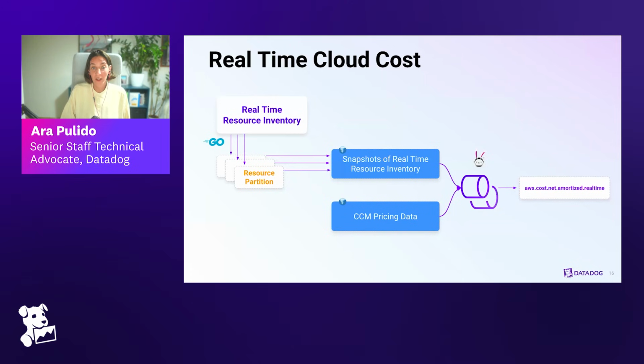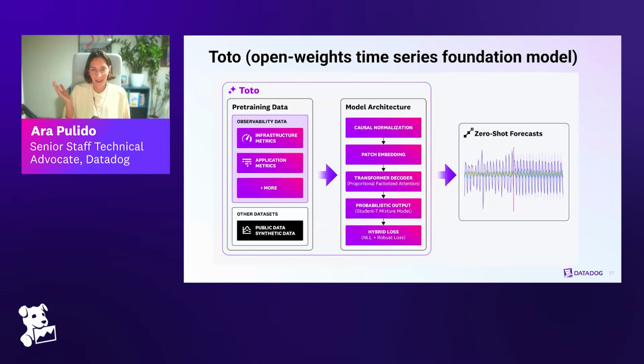So let's finish with AI. I know your background is ML, so very close to your heart. We are using Iceberg for training models. I put here the example of Toto, which is an open-weights time series foundation model that Datadog released about a year ago.